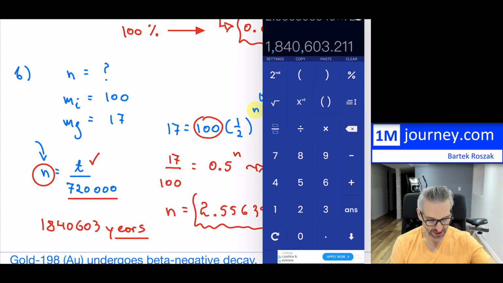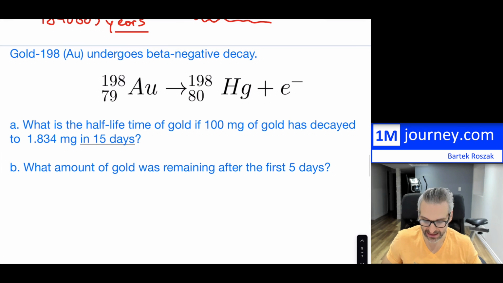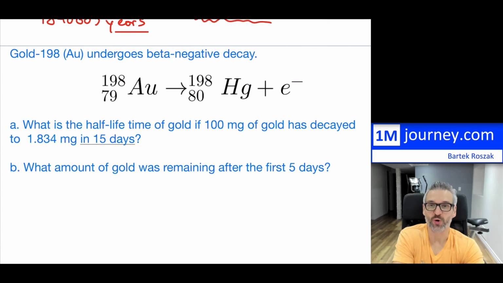All right, so here's a final example for you. Within this example, we have gold, and now gold is undergoing beta negative decay, as you can see there in the nuclear reaction equation. Now, part A, what is the half-life time of gold if 100 milligrams of gold has decayed to 1.834 milligrams in 15 days?